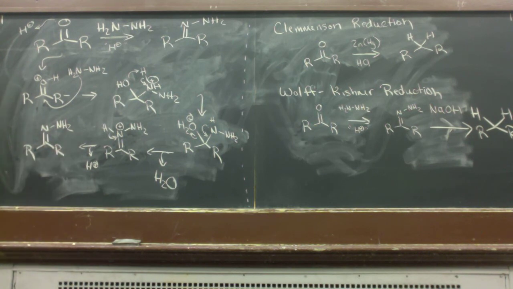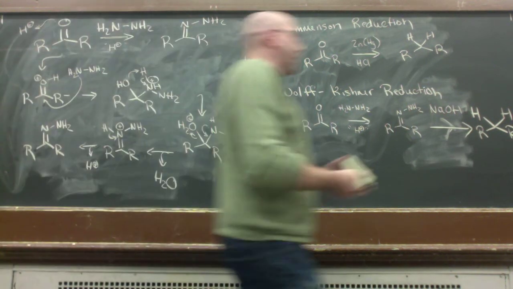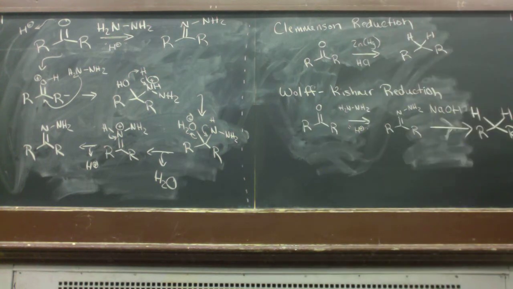Okay? Now, this is going to come up again. You guys should know this condensation of amines and carbonyls very well. We'll discuss it a little bit later, perhaps later today if we have some time, but this is going to be an important step in enolate chemistry, so I might hold off on discussing imines until we get into that.